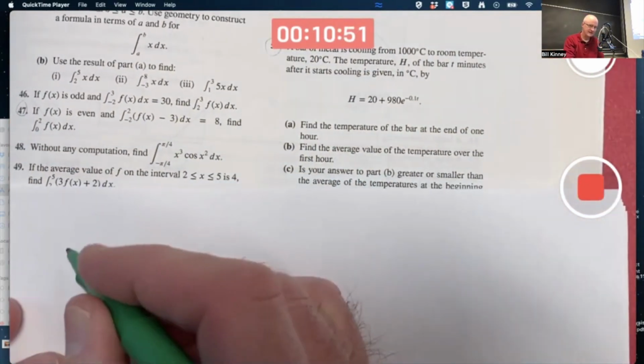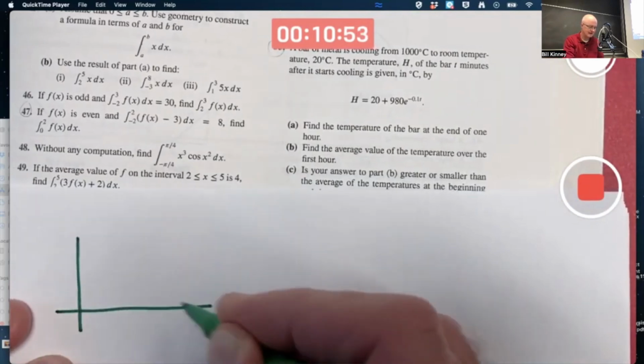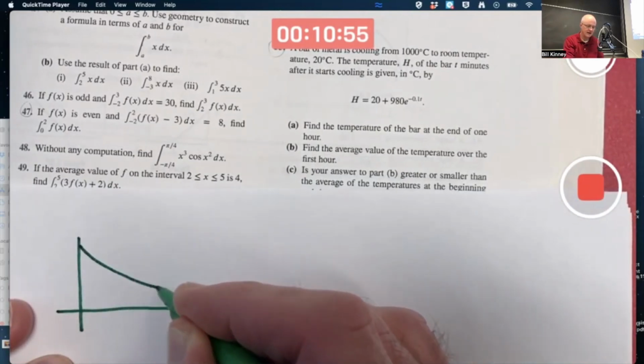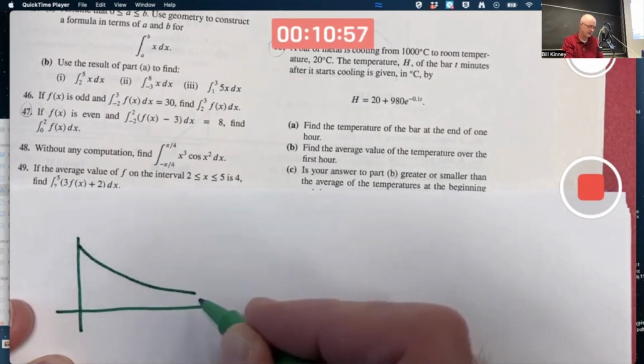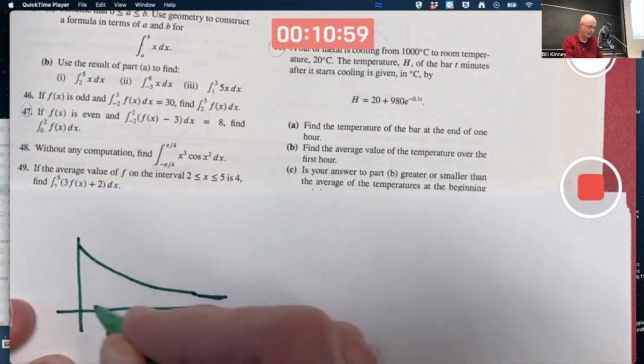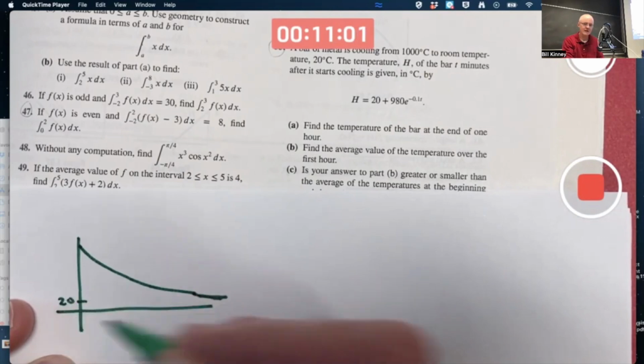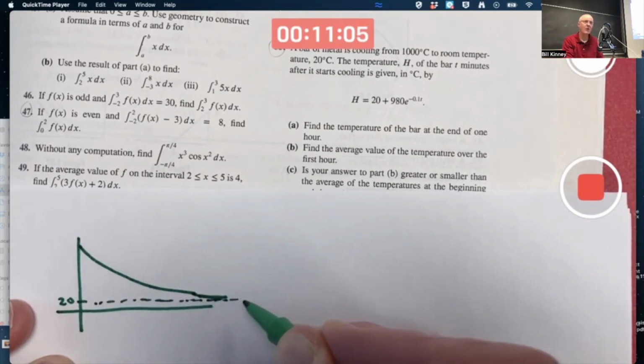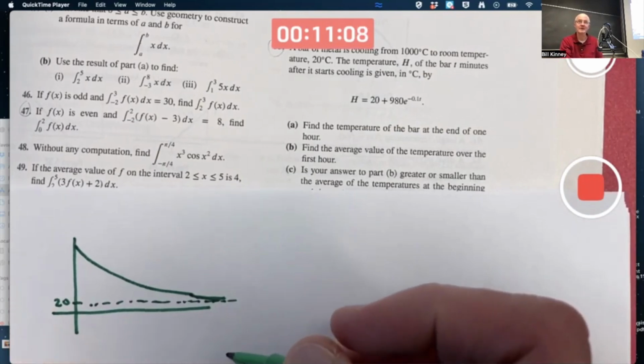The graph of this is an exponential decay shifted upward by 20 units. Pretend this is 20. It's going to have the horizontal line at 20 as a horizontal asymptote.